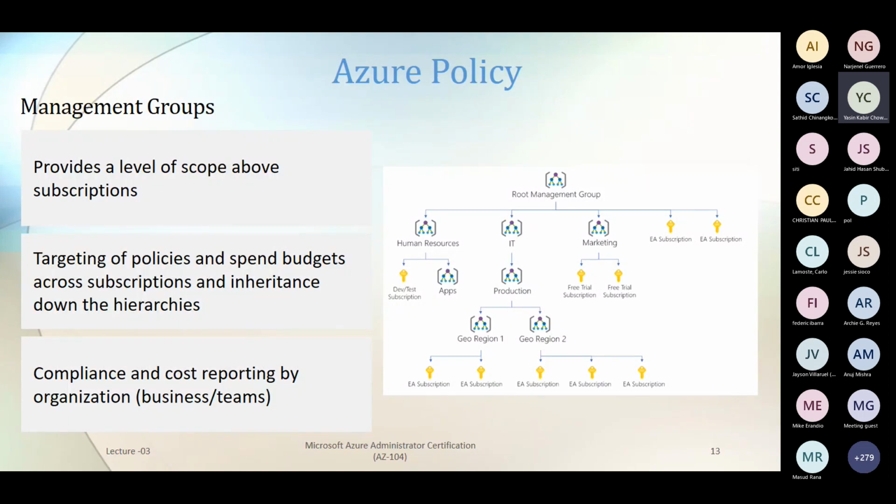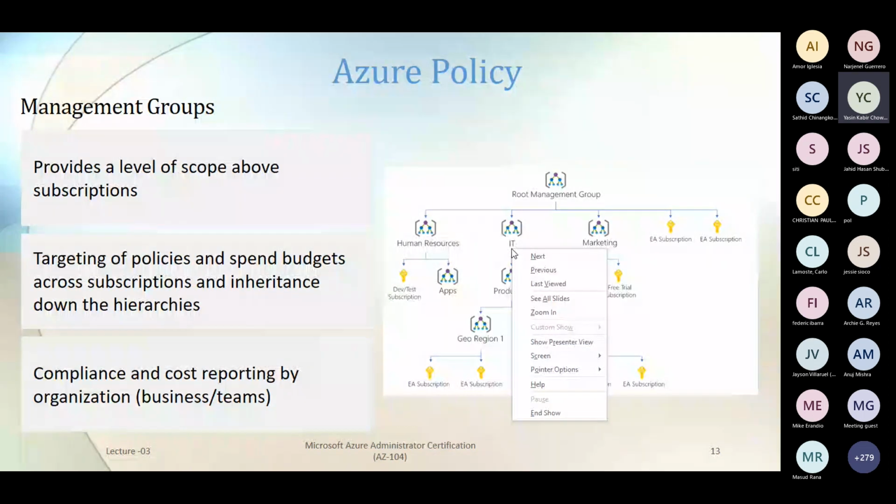Suppose here is human resources, one group, and under this human resources there is dev test, one subscription, and another one is apps. If you put a policy on human resources, then automatically that policy will be enforced on dev test and apps also. So this goes down hierarchically.